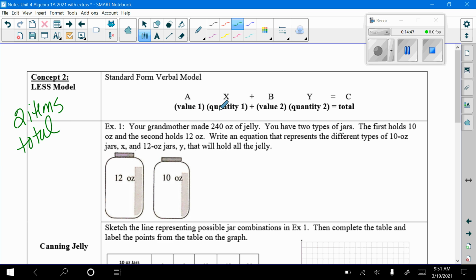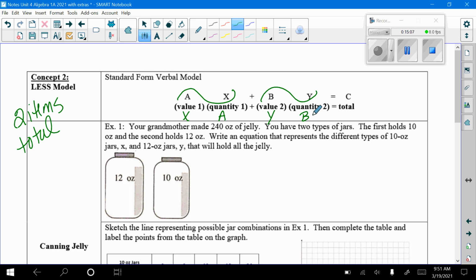Keep in mind the value times the quantity. These could be mixed. You could have the value being x and the quantity being what's given. These two can be flip-flopped. If they get flip-flopped, they will be continually flip-flopped.